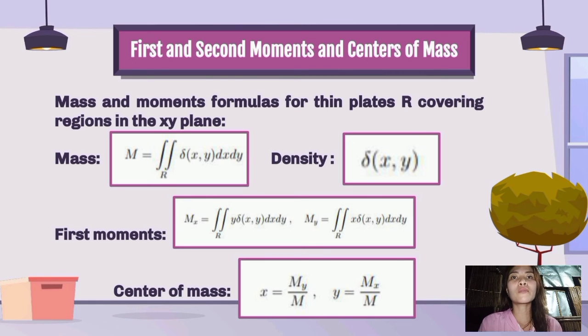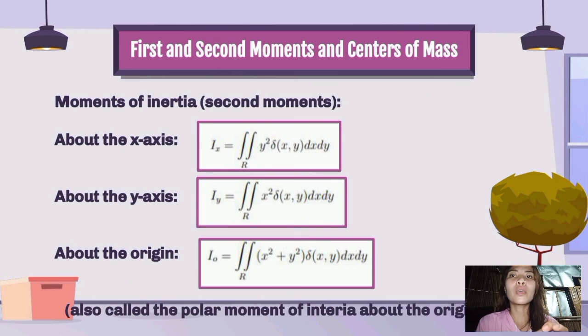These are the mass and moments formulas for thin plates covering regions in the xy plane. So we have the mass, as you can see in the given formula, and then the density, first moments, center of mass, and also we have moments of inertia, or second moments, about the x-axis, about the y-axis, and about the origin.